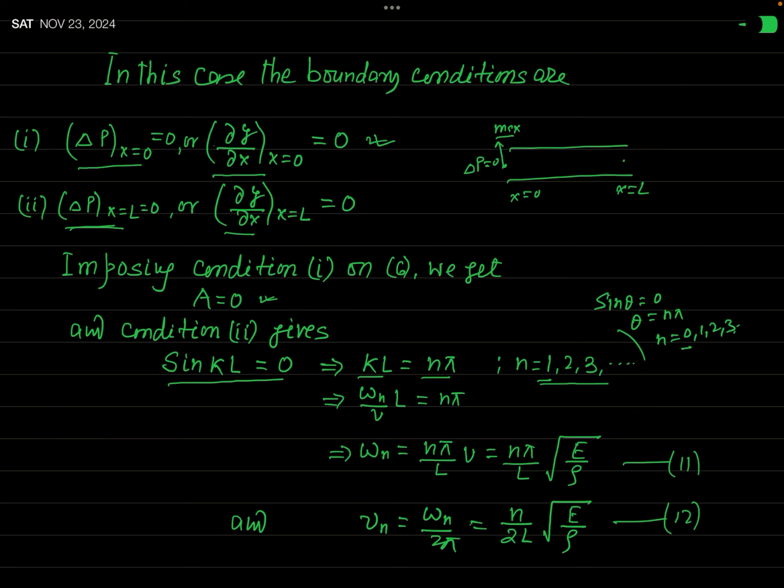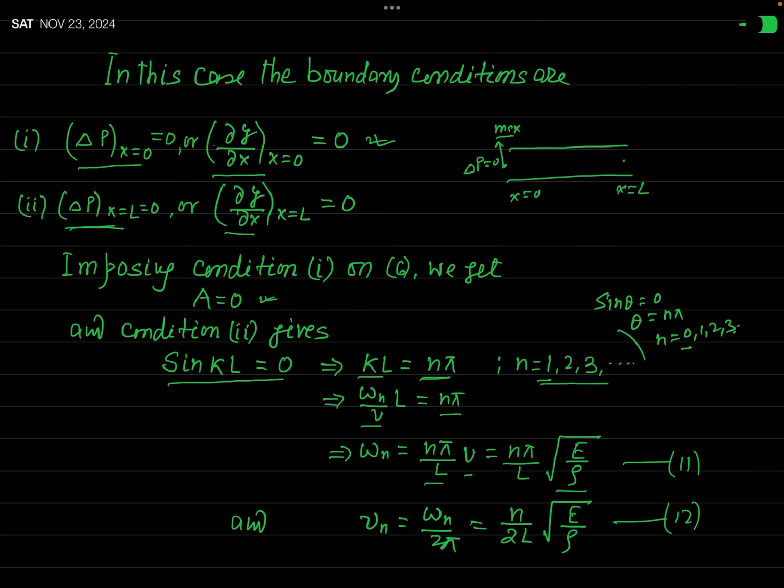Okay, you can remember. Again, if we are talking about the nth mode vibration, then instead of k we will write omega n over v. So omega n over v times L will be n pi, and therefore omega n is equal to n pi over L times v.